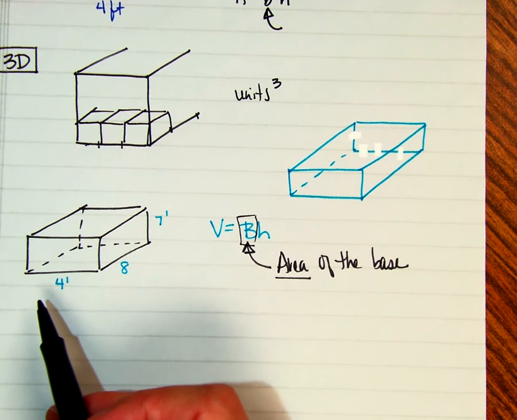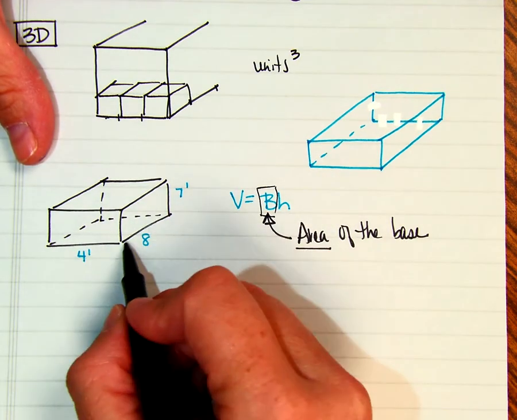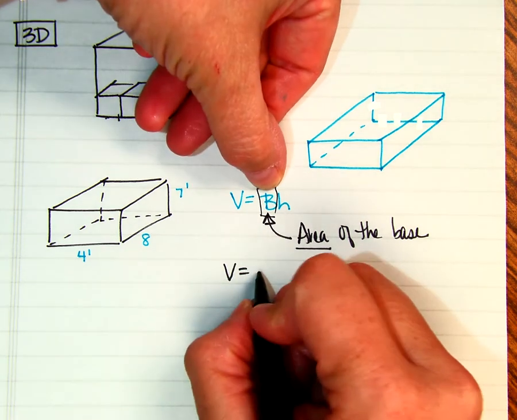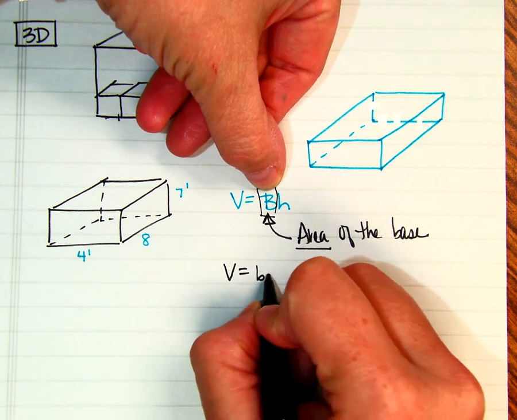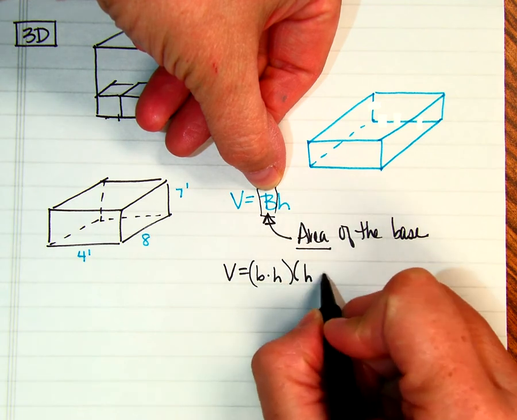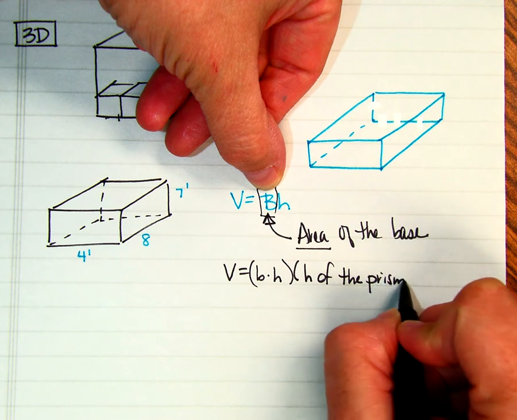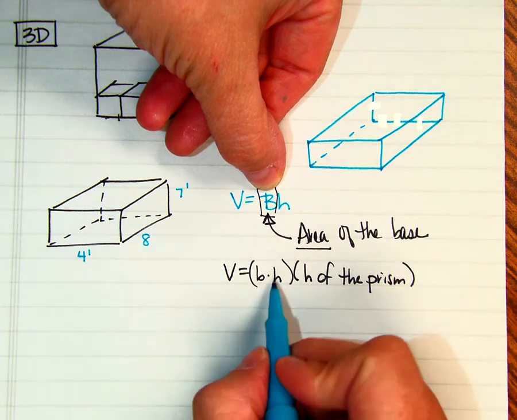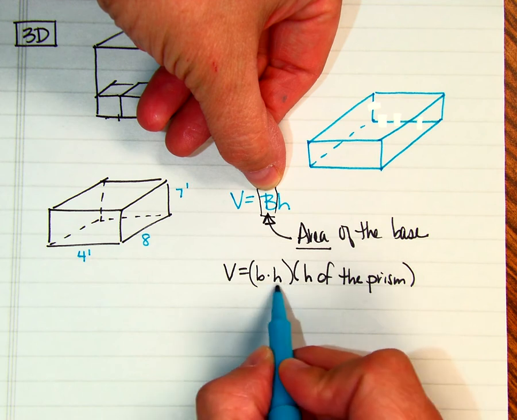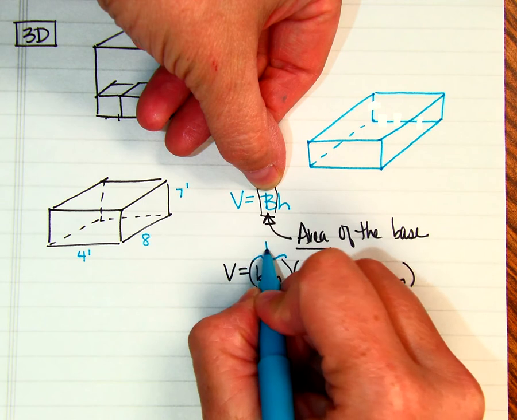So depending on what your base is, that's going to change your capital B. So in this one we have a rectangular prism. So in a rectangle, I'm looking at the base. In a rectangle, my base, or the area of my base, is base times height. And then this is the height of the prism. So just because I have an H here and another H here does not mean that these are the same things. Okay? So remember, this is representing the area of my base.